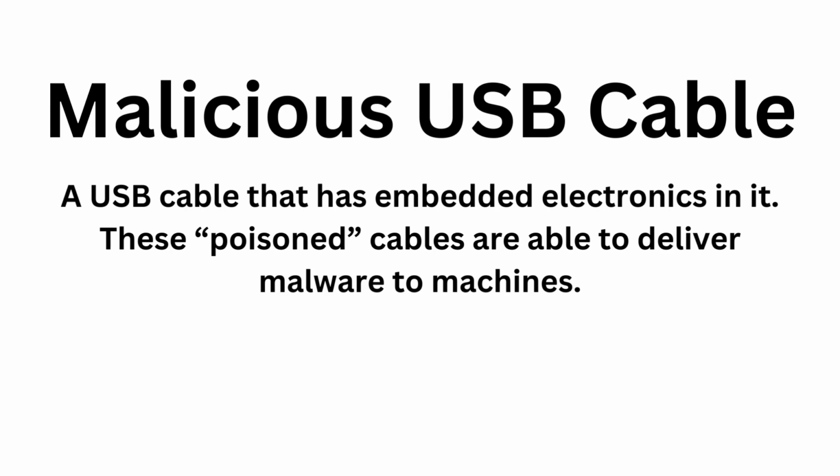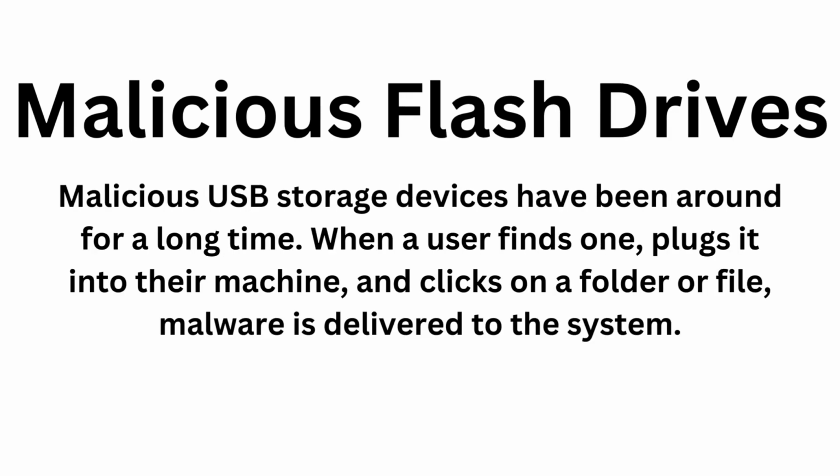These poison cables are able to deliver malware to machines. Malicious flash drives. Malicious USB storage devices have been around for a long time. When a user finds one, plugs it into their machine, and clicks on a folder or file, malware is delivered to the system.